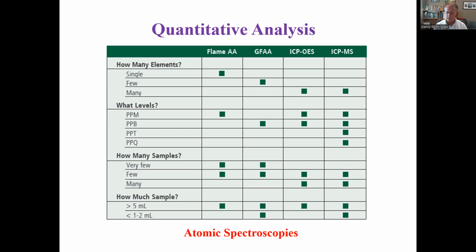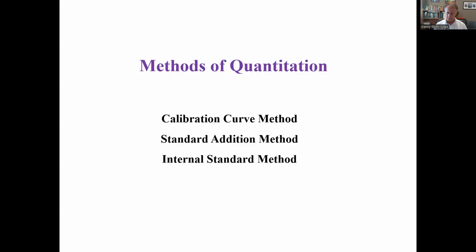And this is a real issue here as we'll get to see in our methods of quantitation. So we're going to be exploring 3 methods here for quantifying an analyte or a set of analytes. The calibration curve method is known as an external calibration. Most students are familiar with this. You're making a series of standards in different volumetric flasks. You're going to put each of those solutions into the instrument, and you're going to record the response with respect to that analyte.